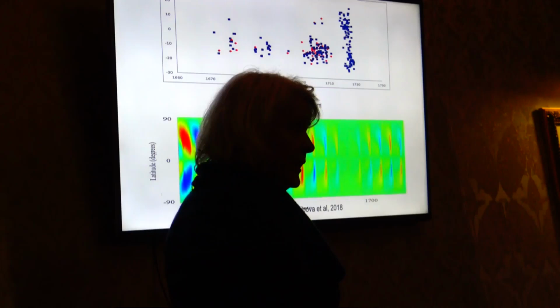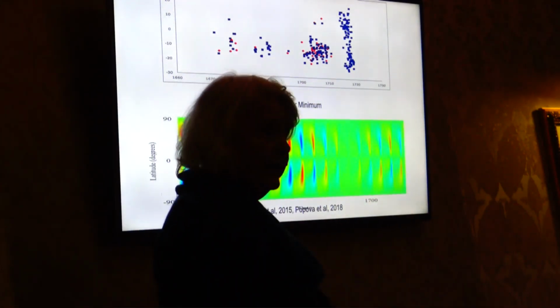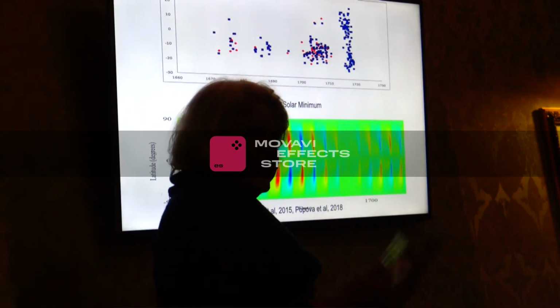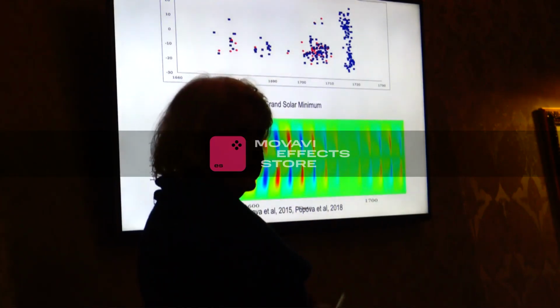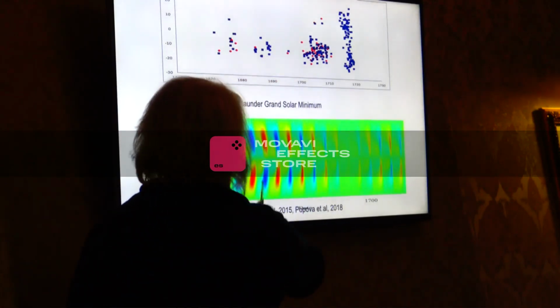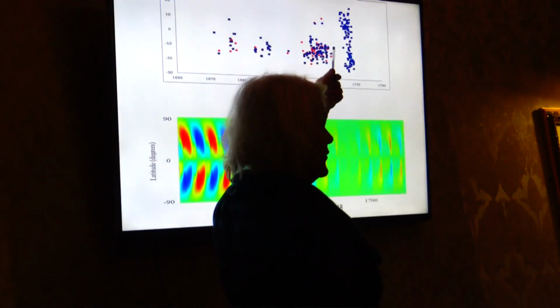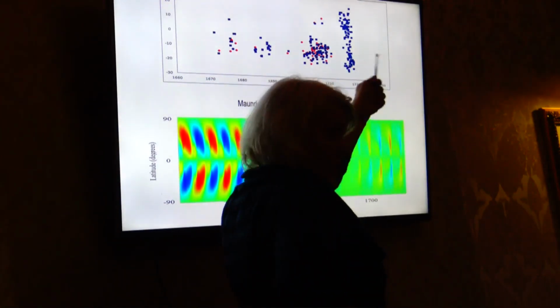What we also did, because she is a theoretician working with dynamo, she can produce the butterfly diagram for the grand solar minimum. She produced a butterfly diagram for the grand solar minimum. This is from her simulations, and these are real measurements of the butterfly diagram during the grand solar minimum.